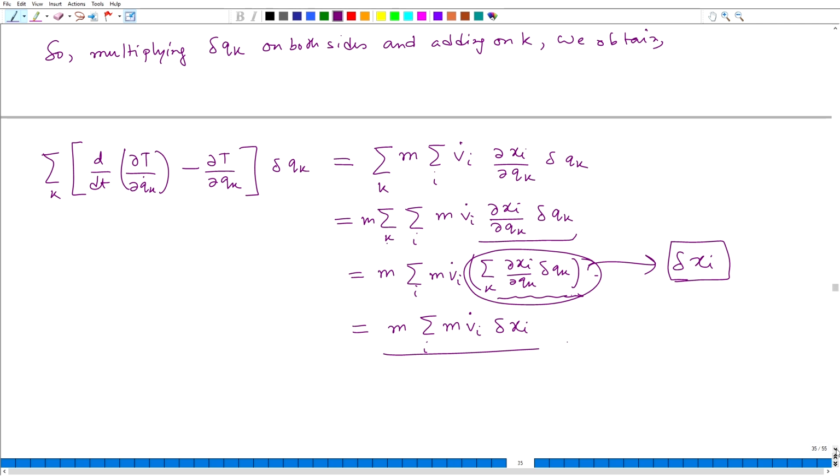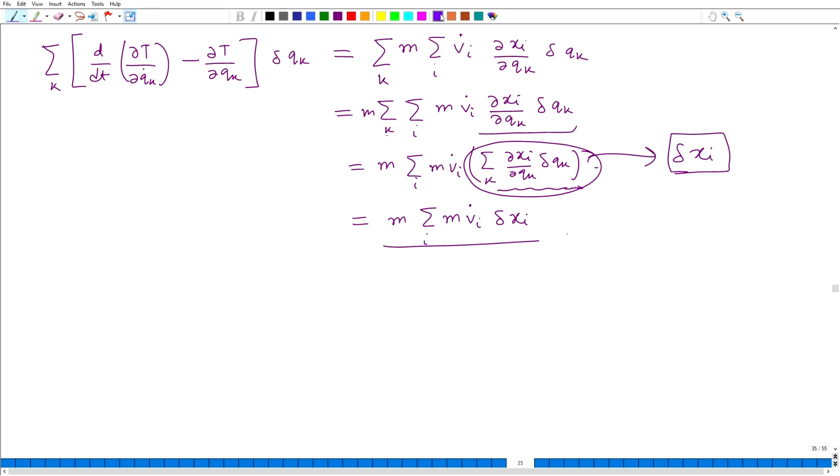I know D'Alembert's principle. Now, we recall D'Alembert's principle.